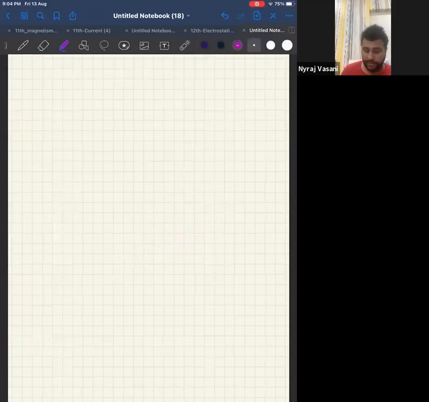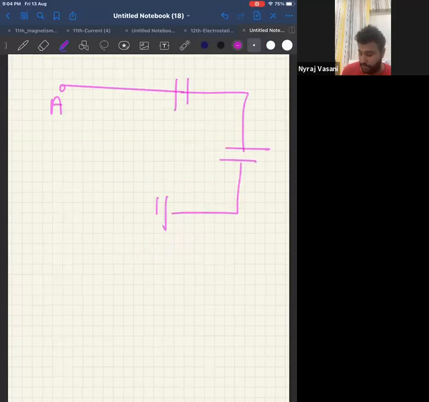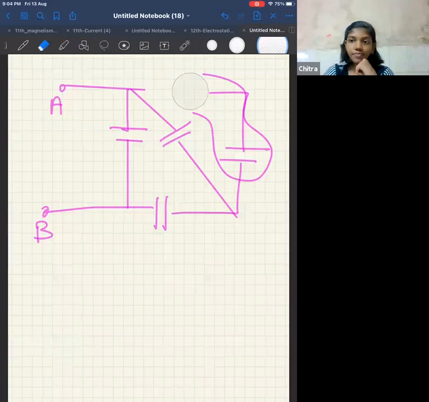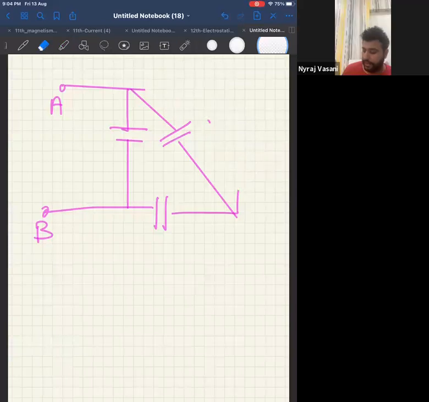So again, let me draw this circuit. Okay, Chitra, listen. First, these two will be in series, correct? So if these two are in series, I can erase them and draw one single capacitor like this, correct?